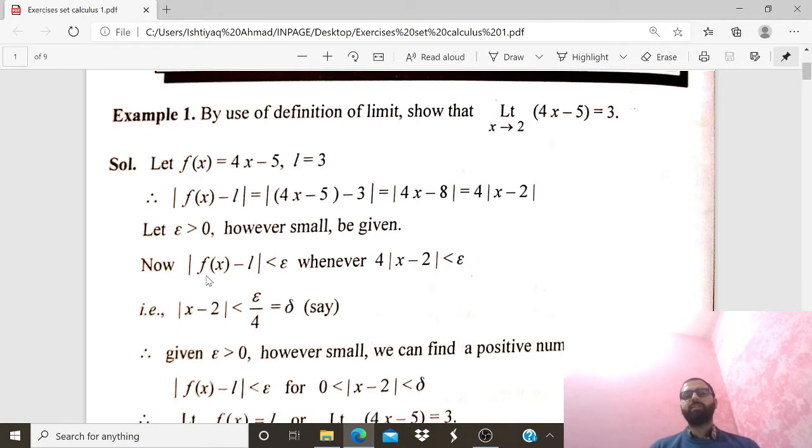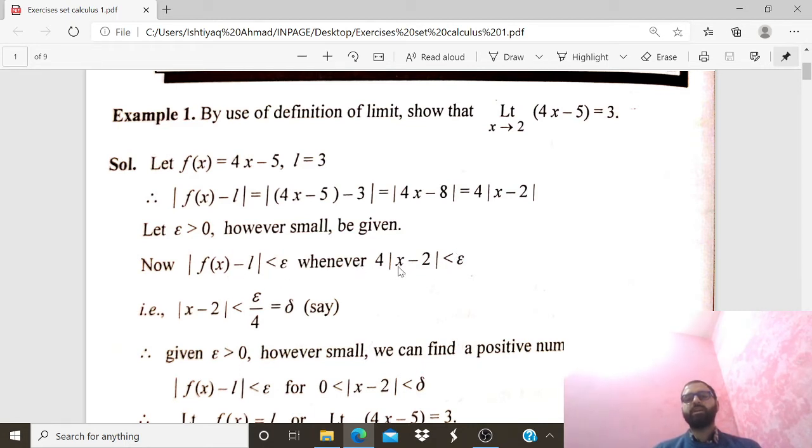So whenever I look at the limit of a function, I look at the difference of f(x) and L, put mod of f(x) minus L less than epsilon, and then look at what mod of x minus a is going to be. That must be less than delta, and that delta must depend on the epsilon.